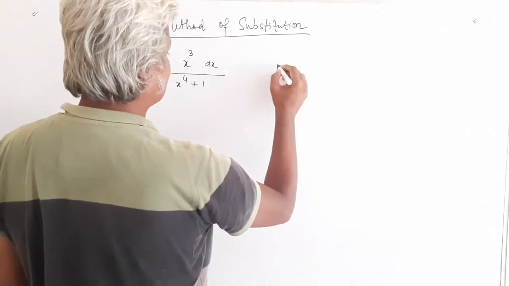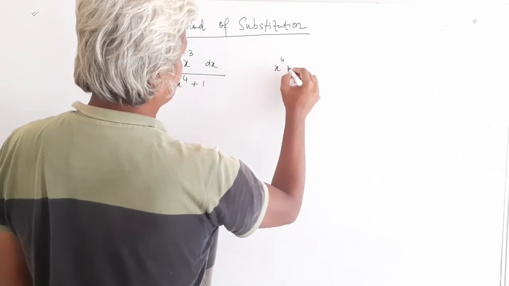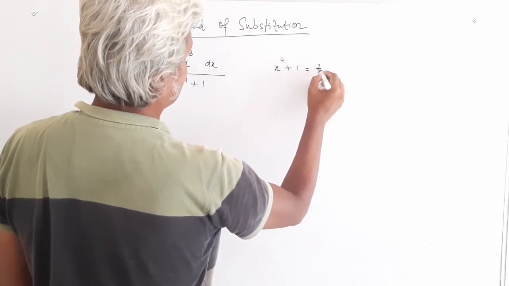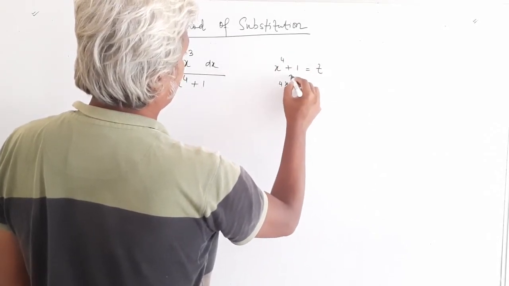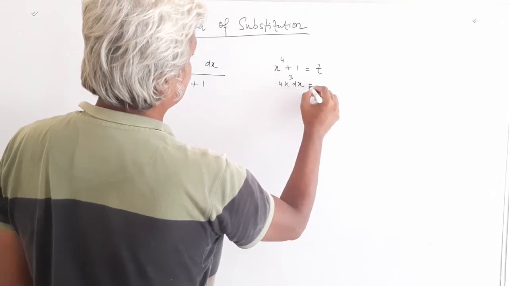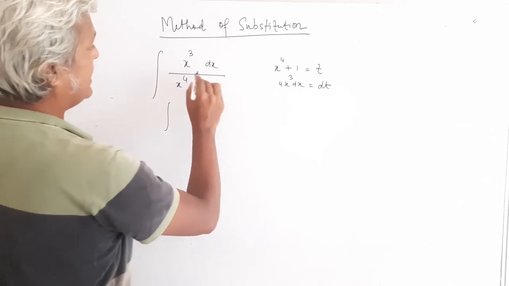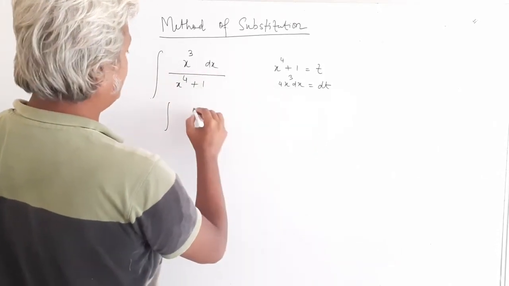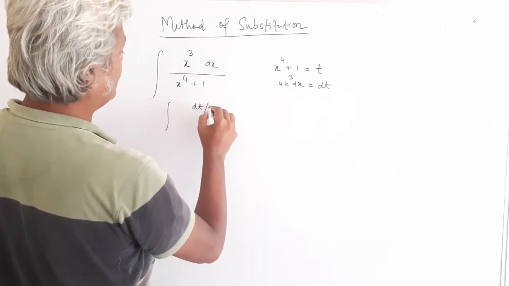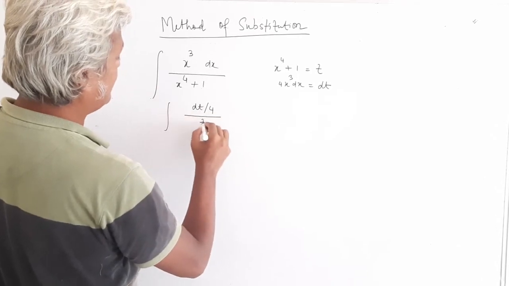So I'll take x to the power 4 plus 1 as t, and this will become 4x cube dx equals dt. Then this question, x cube dx will become dt over 4, and this upon t.